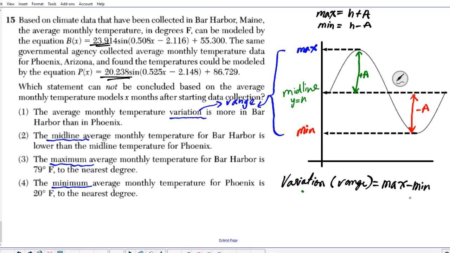You just subtract your min from your max and you get your range. All right. So these are the four different things we're going to be finding for these two functions, and then we'll see which one is accurate. Okay. Those ones will be eliminated. The one that's inaccurate will be the correct answer because we're looking for which statement cannot be concluded. So which of these is false based on our determination of the components of these two models.